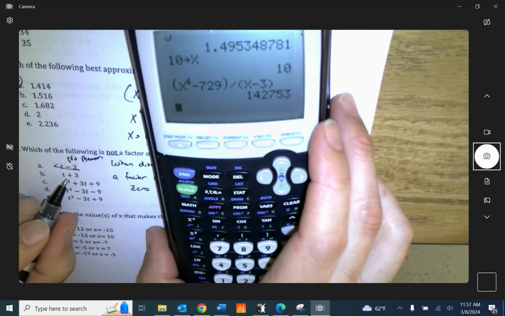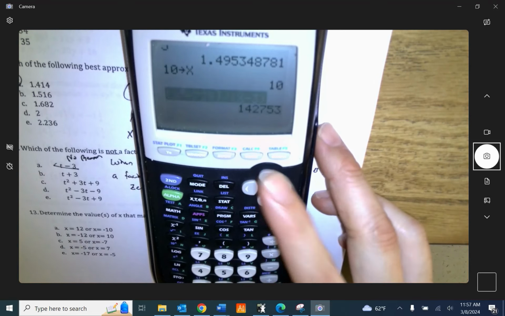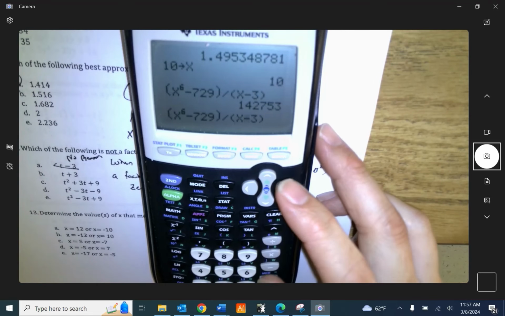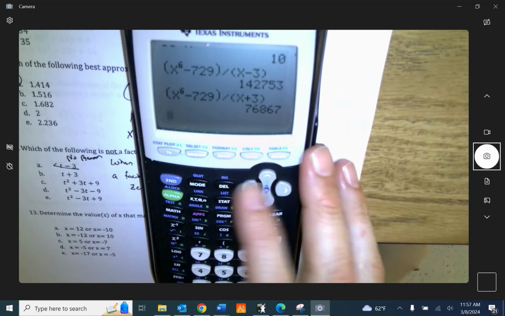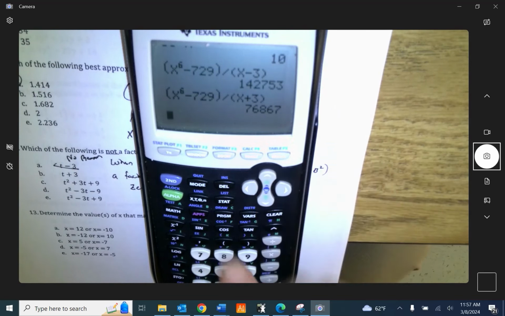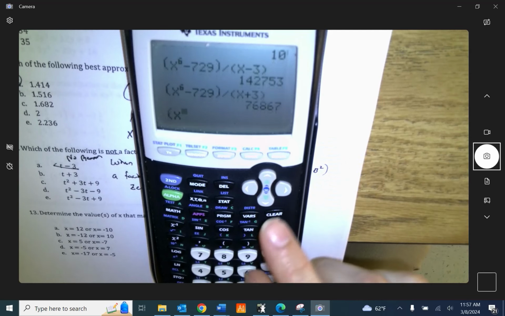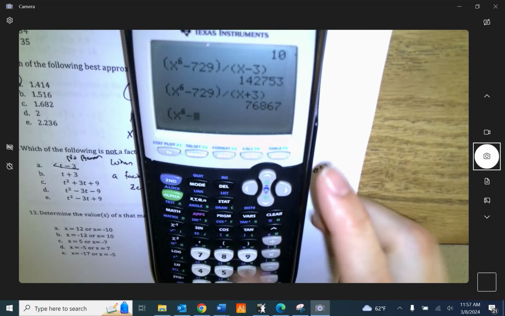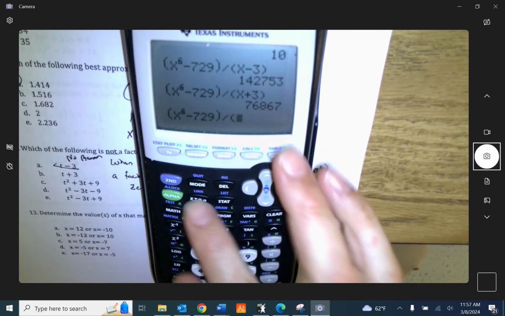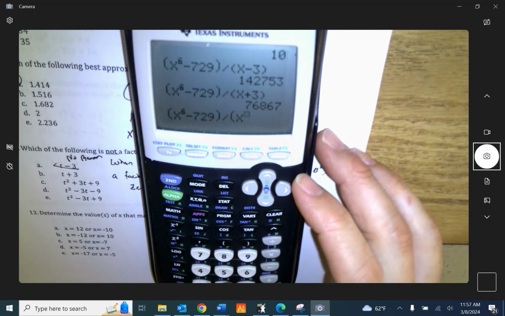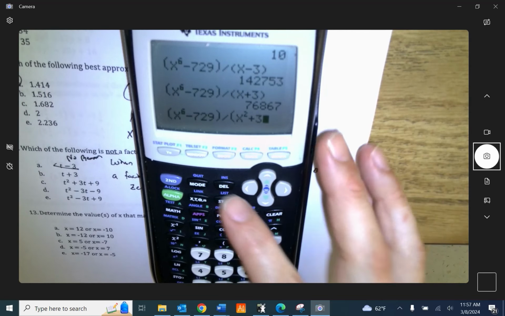t plus 3 is a factor too. Nice clean division. All right. Let's look at the next one. We have our x to the 6th minus 729. It is going to be divided by all of t squared plus 3t plus 9.